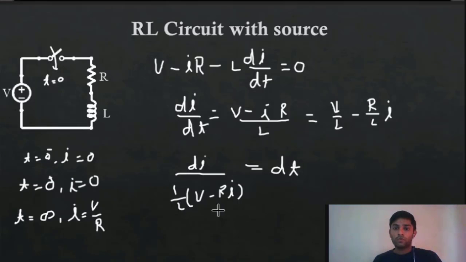If you take the integration on both sides, 1 by L is the constant, so you will get L over here, since 1 upon 1 by L is equal to L.